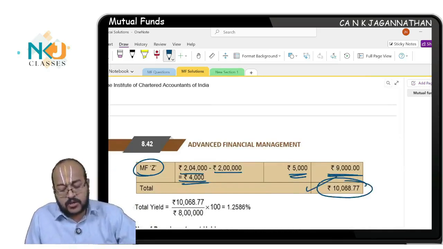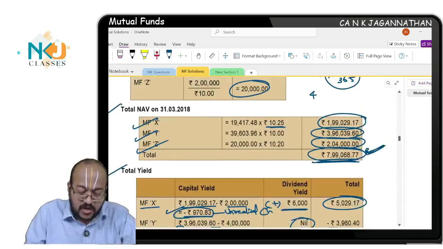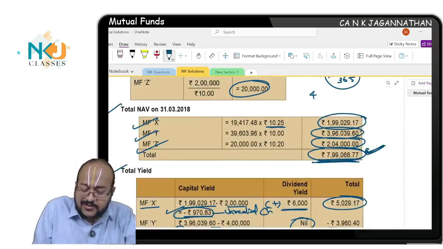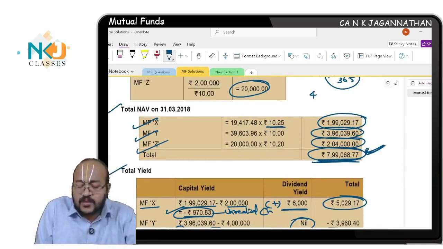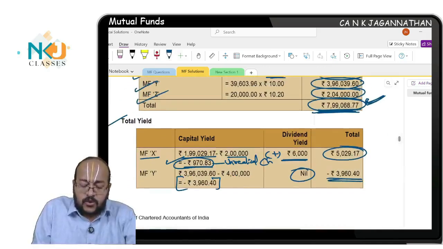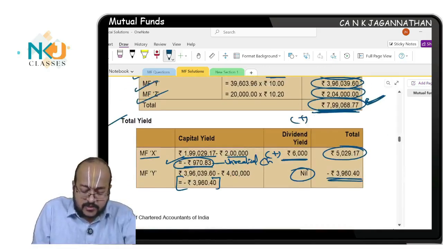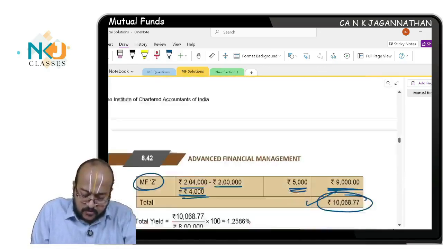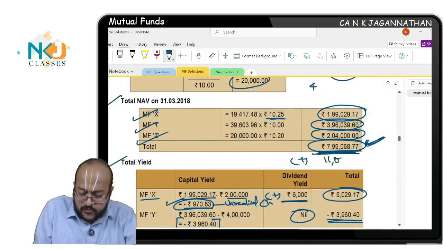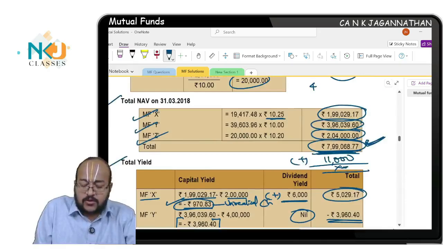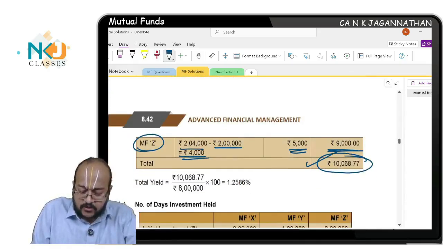Total return comes to 10,068.77. Here I told you total should be considered 7,99,068. Okay, this is nothing but total value of the NAV. If you add a total of dividend 6,000 plus 5,000, 11,000, okay, then also you will get the same value as 10,068.